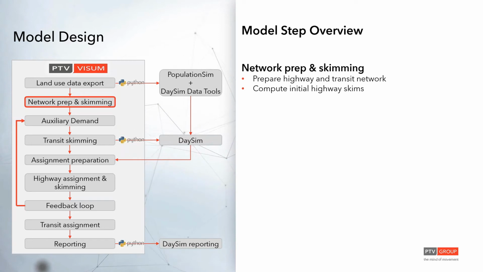And then once that is done, we generate unloaded skims, because at this point there are no volumes on the network, so only unloaded highway skims are generated at this point.